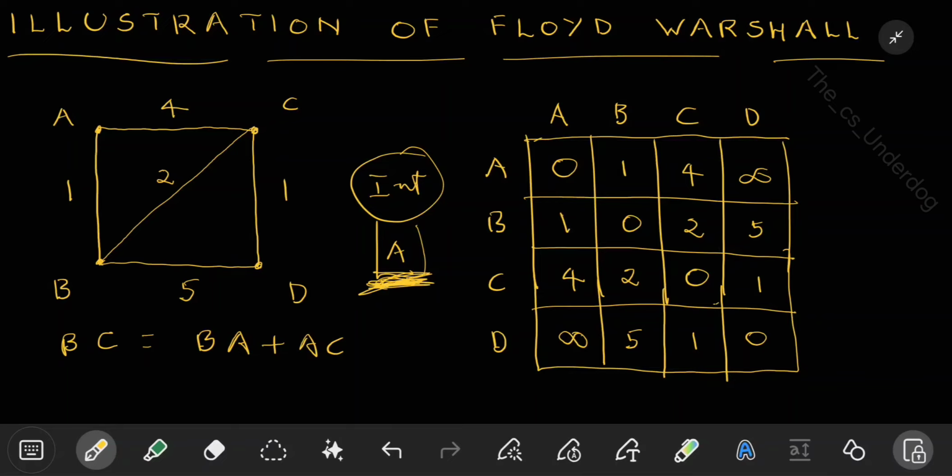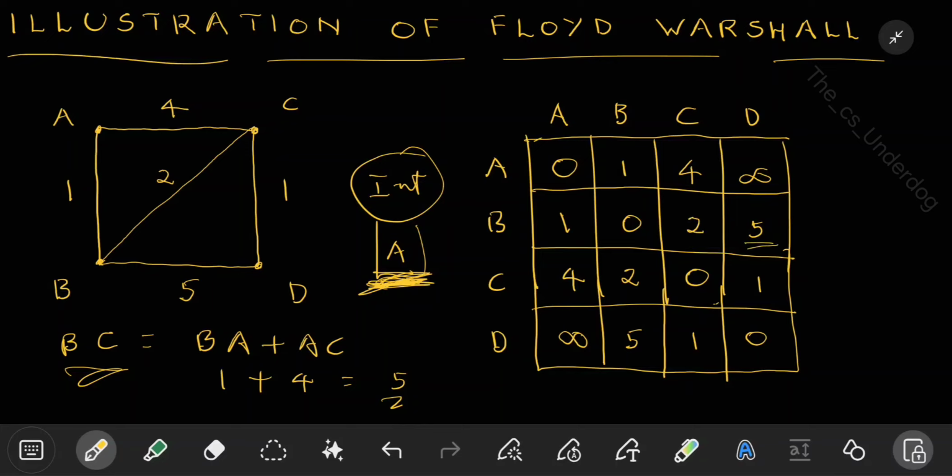So BA will be 1 plus what about AC? AC is this one, 4. So this will give me 5. My new value for BC is 5, but the existing value for BC is 2, which is better.